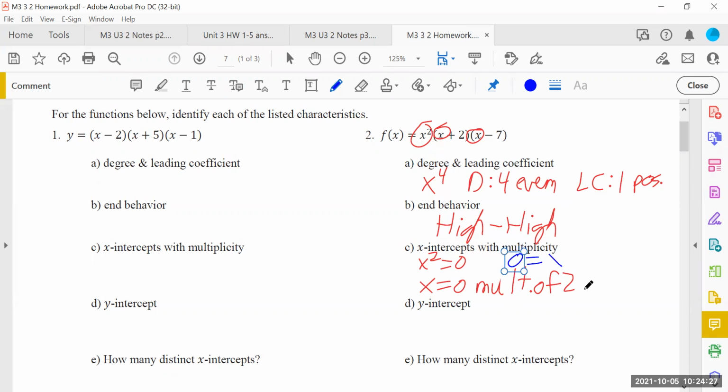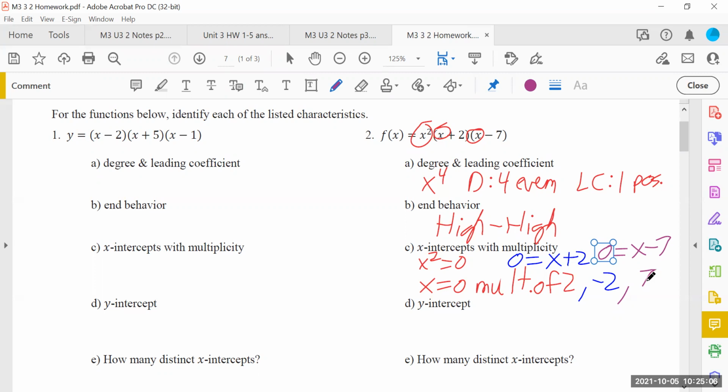If I subtract 2 from both sides, it would be negative 2. If it's only a multiplicity of 1, you don't have to say it. That's the assumed one. You only have to say it if there's more than 1. So that one's just a single negative 2. And then the last one, the x minus 7. 0 equals x minus 7. I can add 7 to both sides and get my last x-intercept of 7. So my x-intercepts are 0, multiplicity 2, -2, and 7.